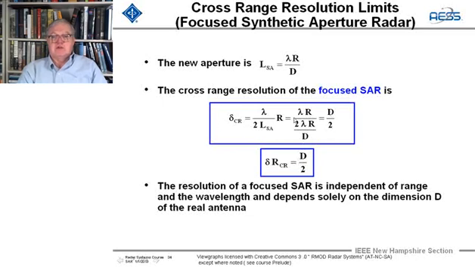So that's a derivation of how it comes out to be d over 2, which I stated in the previous view graph. So notice that the resolution of a focused SAR is independent of the range and the wavelength, and is solely dependent on the dimension d, that length of the antenna along the path of the real antenna.